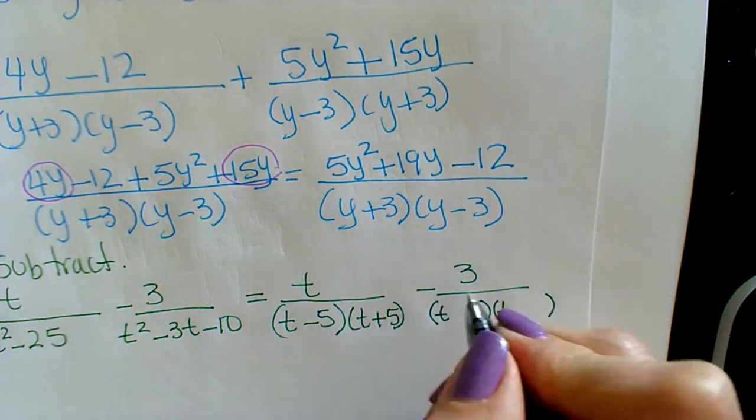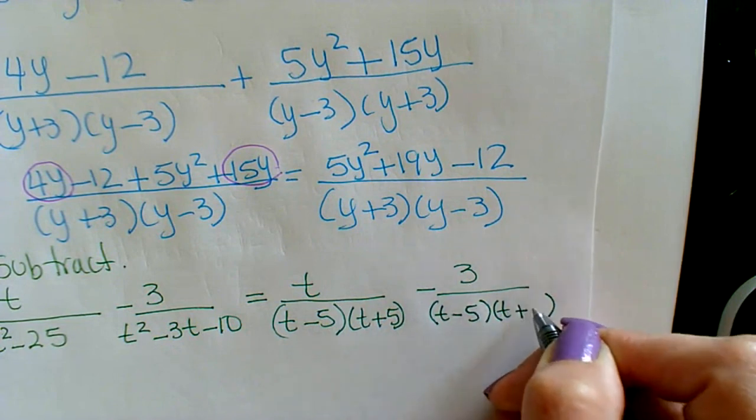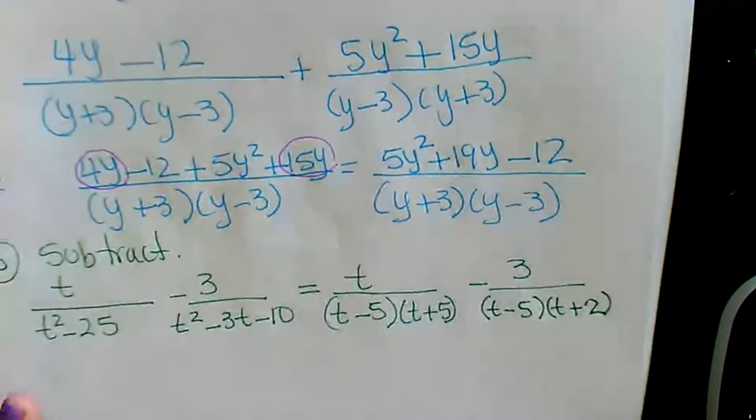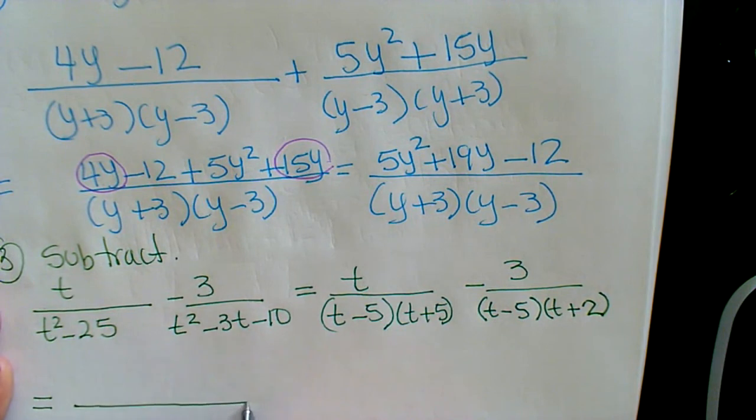When I add, I get negative 3. That's going to be negative 5 plus 2. Okay, now let's do it.